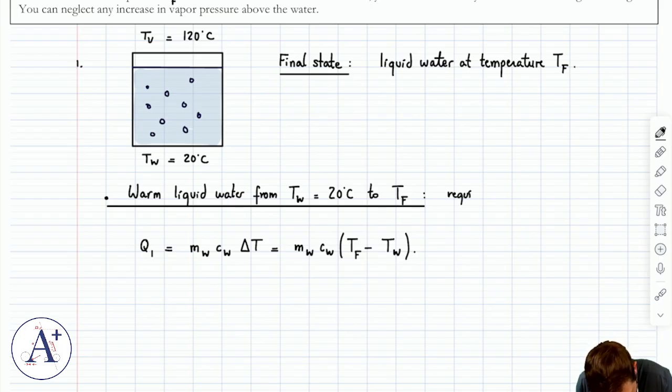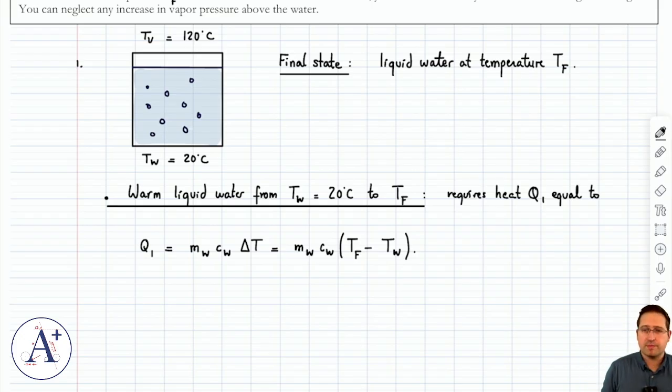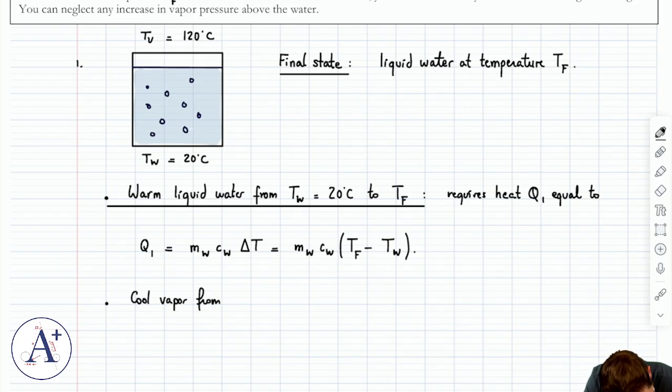So this requires heat Q1 equal to this. Then I have to cool the vapor from T vapor equal to 120 degrees to, I'm just going to give it a name, T1 equal to 100 degrees.